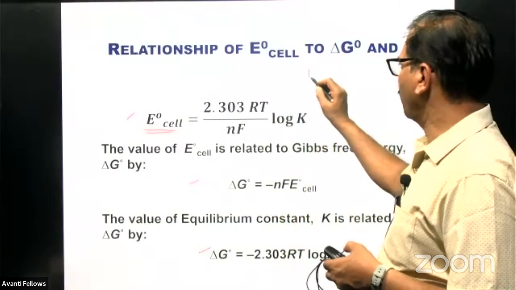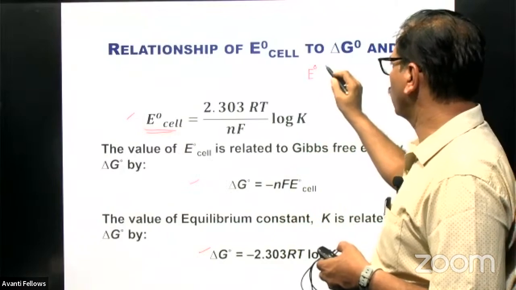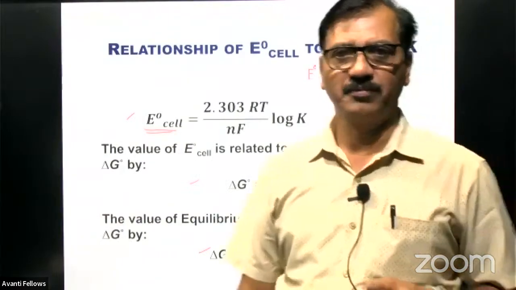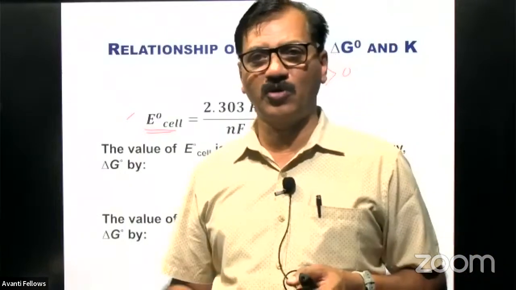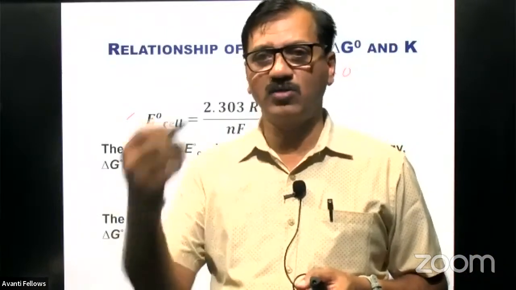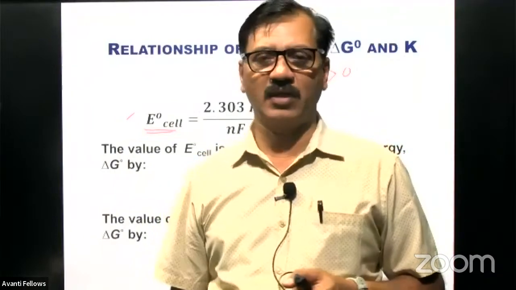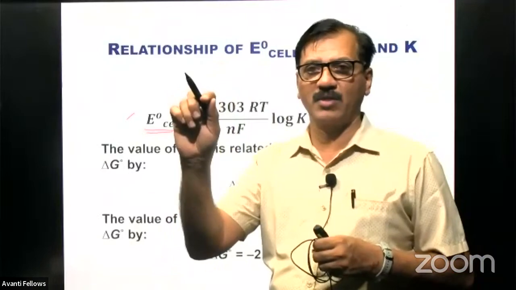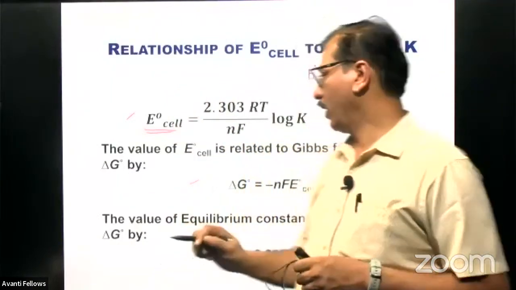For a working electrochemical cell, E0 should be positive. If E0 is not positive, then it is not a working electrochemical cell; that cell reaction doesn't happen. Okay.